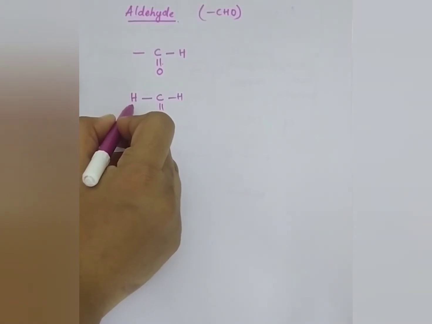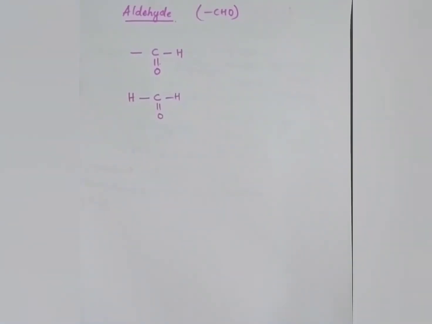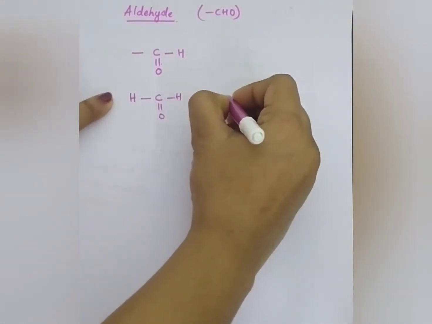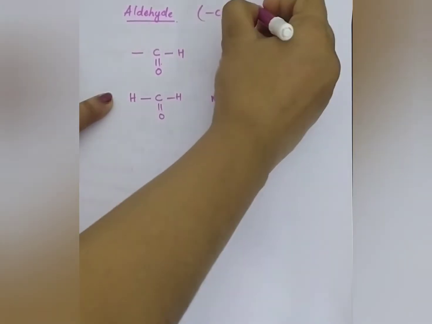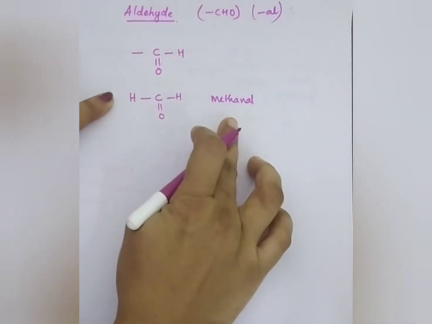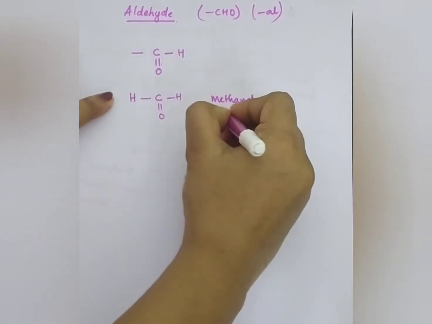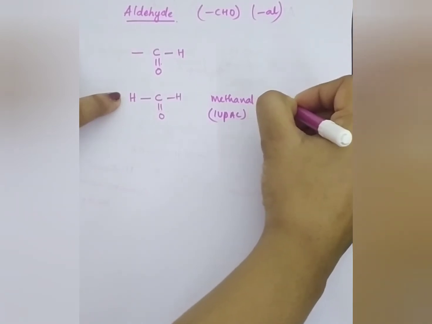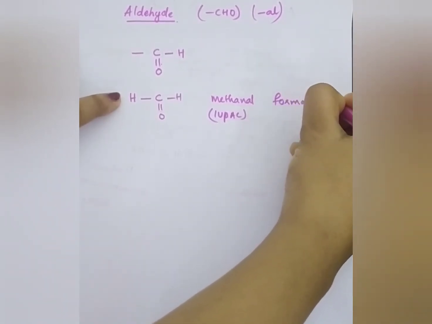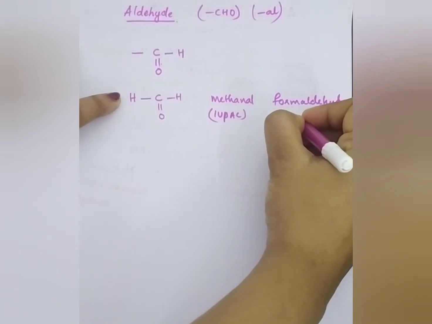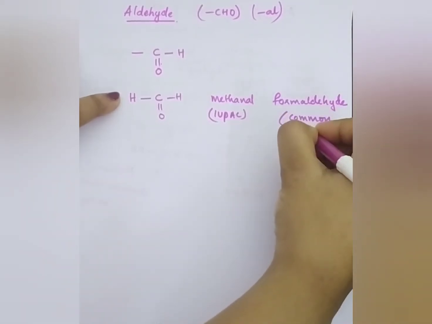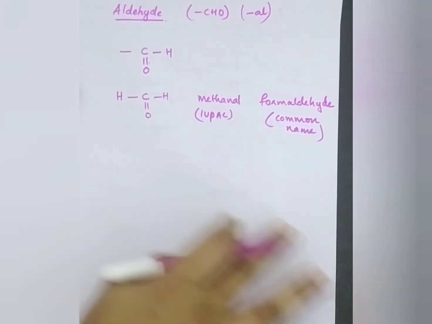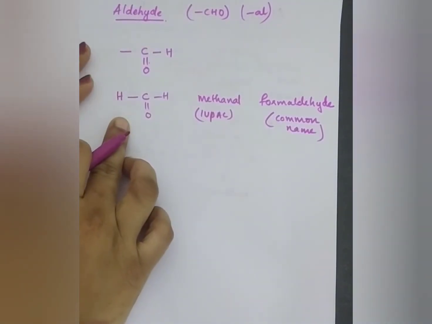So that is HCHO. The IUPAC name here is methanal. So at the end of the word you have to put AL. So it is methanal here. And the common name is formaldehyde. It is methanal because there is only one carbon.